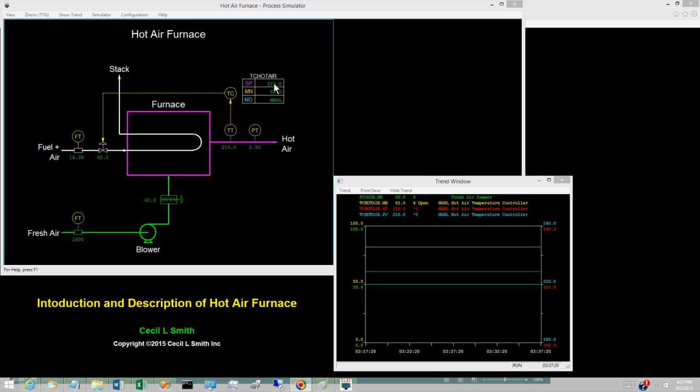But in addition, the loop must also respond to any change that affects the hot air temperature. These changes are collectively referred to as disturbances and include flow or demand for hot air, fresh air temperature, fresh air humidity, etc.